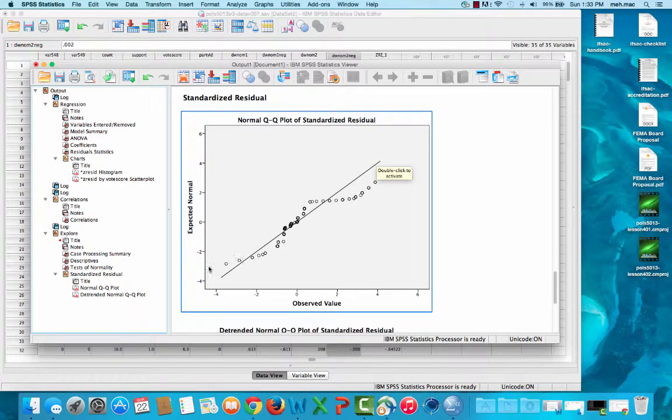It also runs these plots, and if we had a standardized, normal distribution in the residual terms, we would have equal patterns across here. We wouldn't have these sine curves or cosine curves.